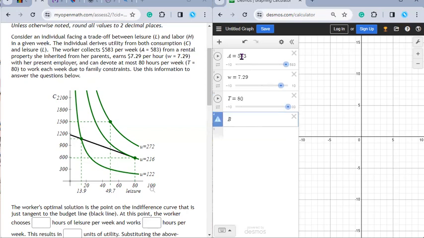The intercept of her budget line is the allowance plus the wage rate per hour times her time constraint. And so her budget line is defined by C, consumption, equals the intercept B minus the hourly wage times the amount of leisure the person purchases. Okay, that's your budget constraint.